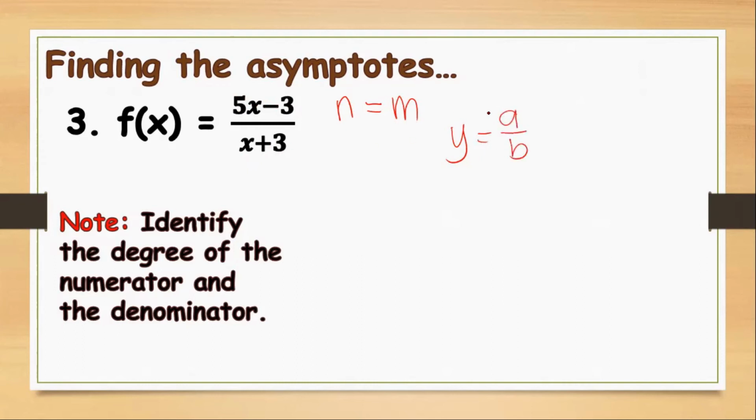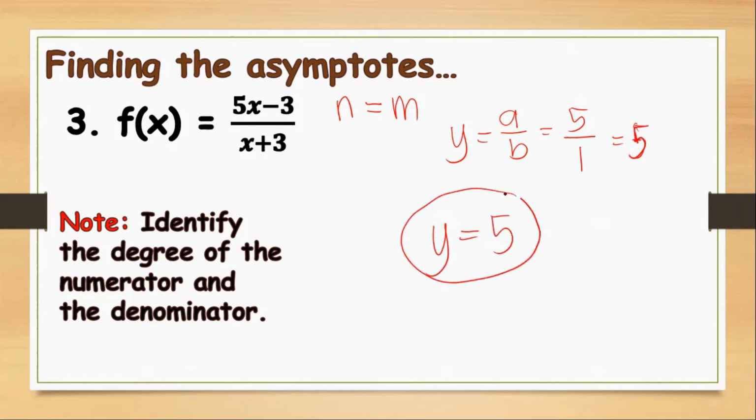We have 5 over 1, which is 5. Therefore, our horizontal asymptote is y equals 5, the line y equals 5.